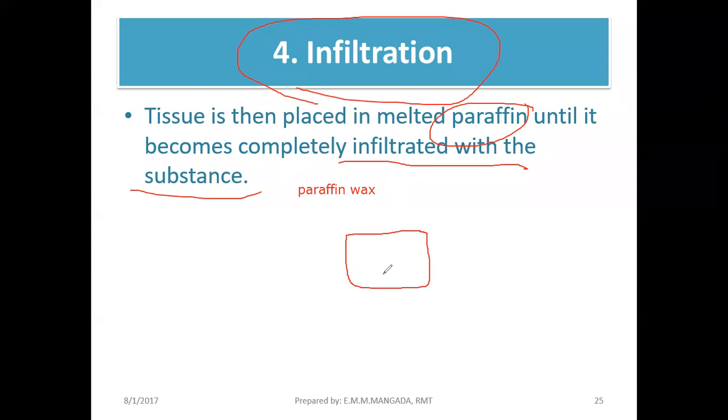So if for example, this is the tissue, di ba tinanggal natin yung mga intracellular and intercellular water. So tendency, between cells, merong mga spaces yan. And if those spaces won't be filled, ang tendency magiging crumbly yung tissue natin. So what we're going to do is to infiltrate that with your paraffin wax to make the tissue firm.